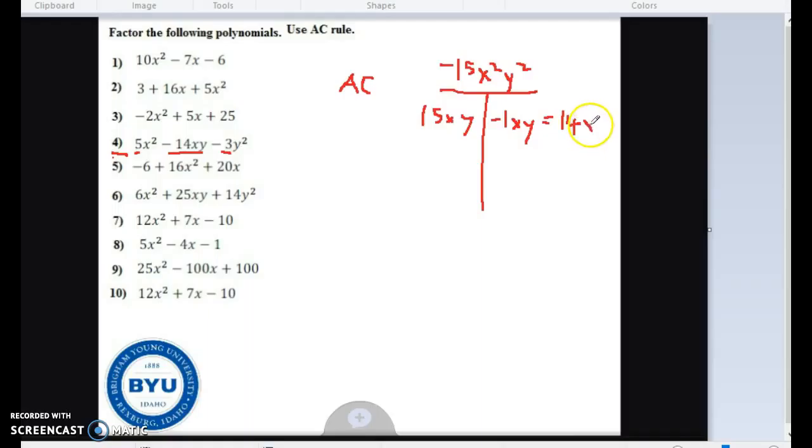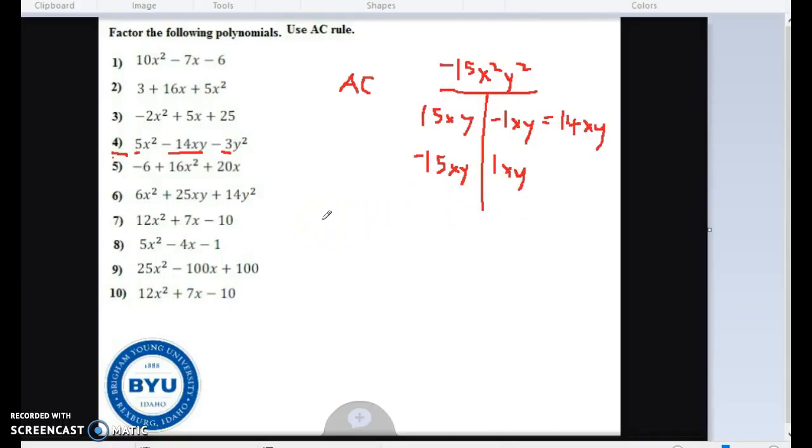But hopefully you can see right away what the correct one is going to be. We just need to switch the signs on this. So let's use -15xy and +1xy. And you can see that that does add up to be -14xy.